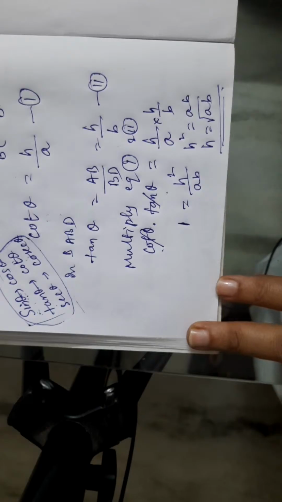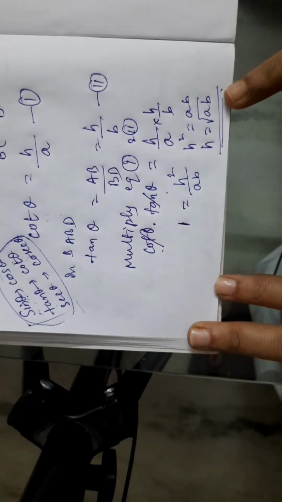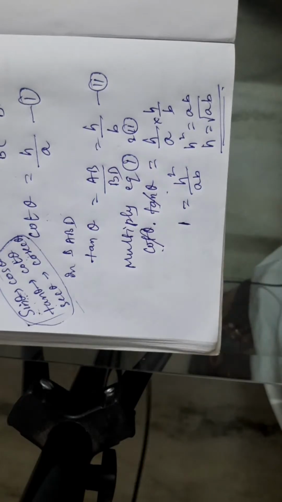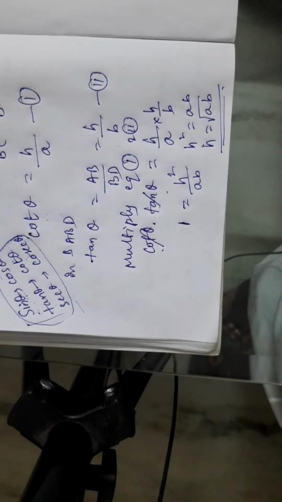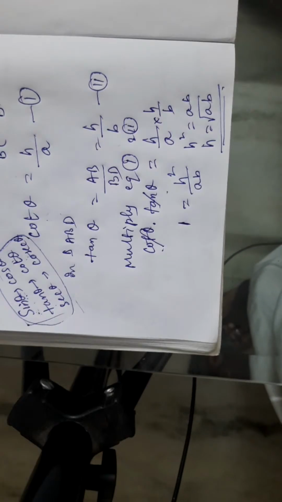The same question they can ask in the form of MCQ or with the values which are there in your NCERT textbook exercise. If you open your exercise, you can get the last question. There in the last question, it is given that the highway leads to the foot of the tower.